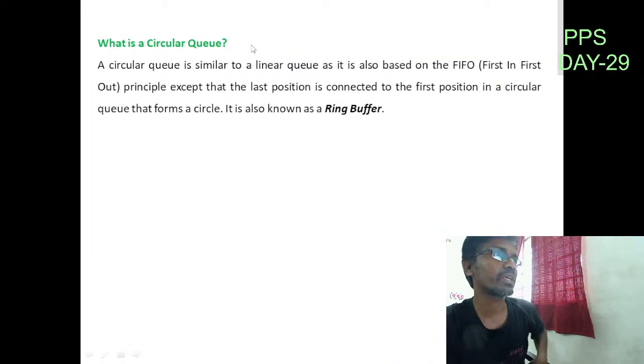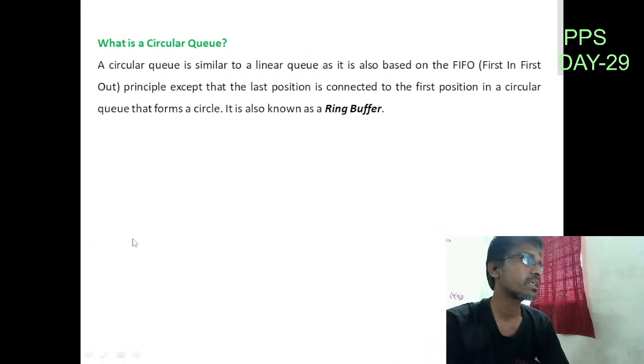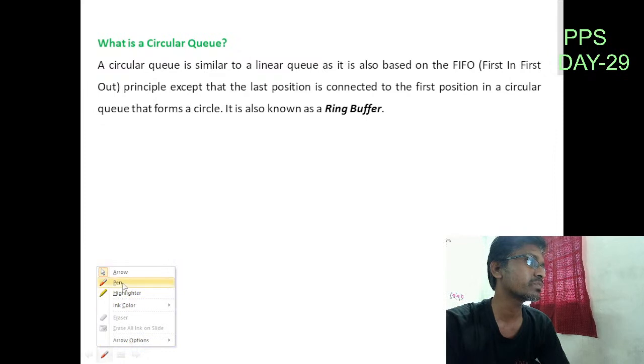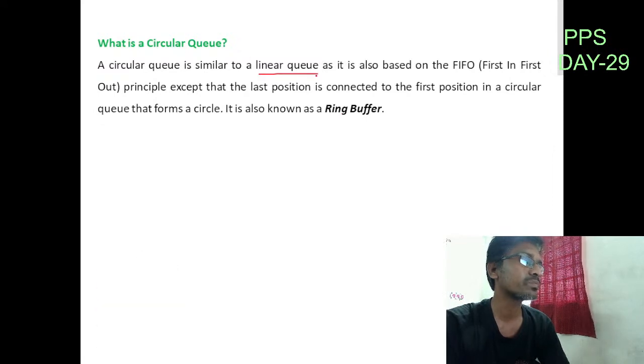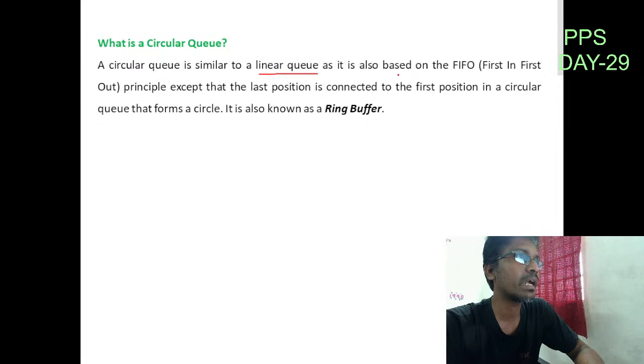So what is a circular queue? A circular queue is similar to the linear queue that you discussed in the previous class. It is also based on the first in first out principle: the element you insert first is the element deleted first.